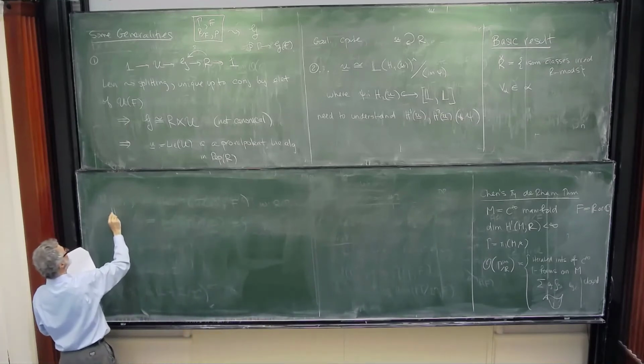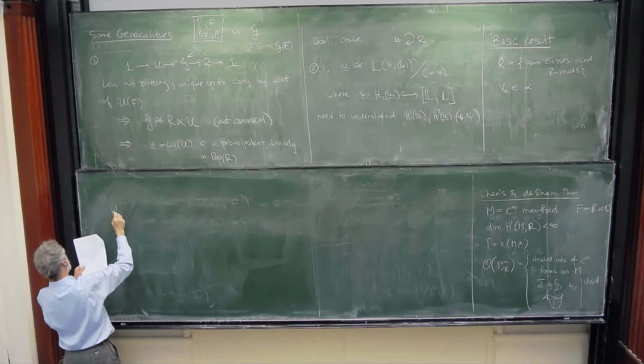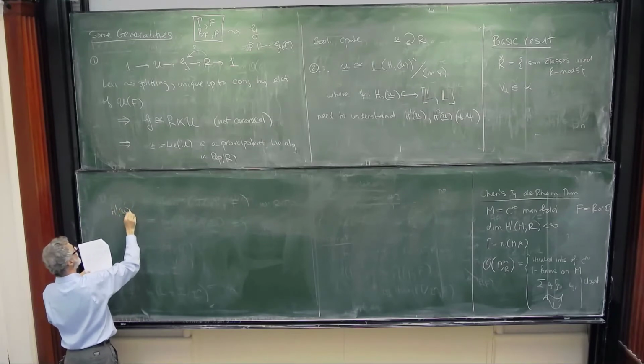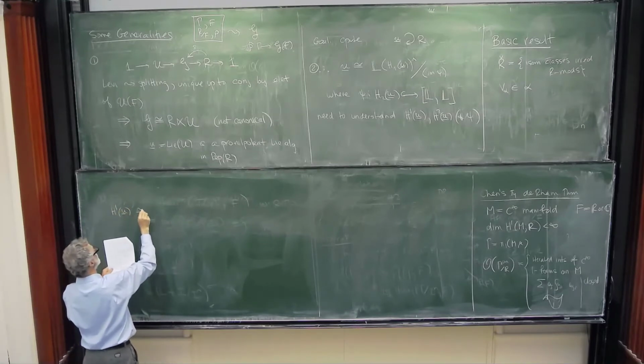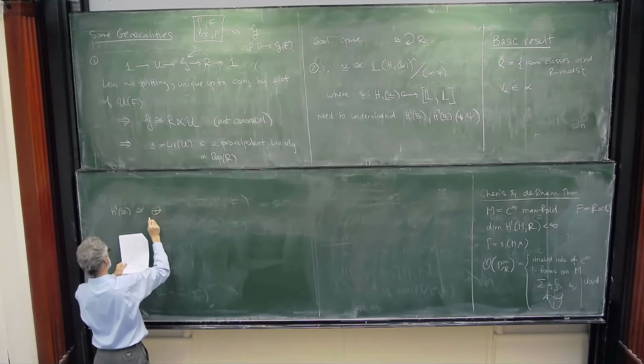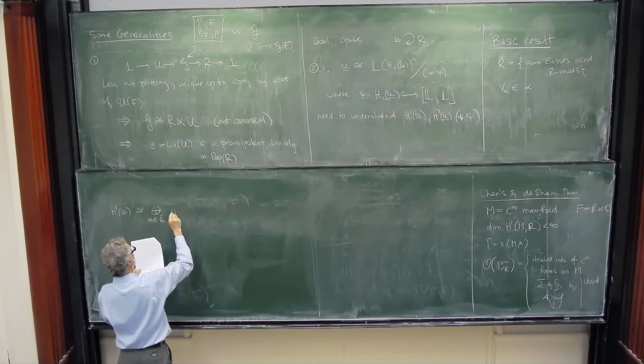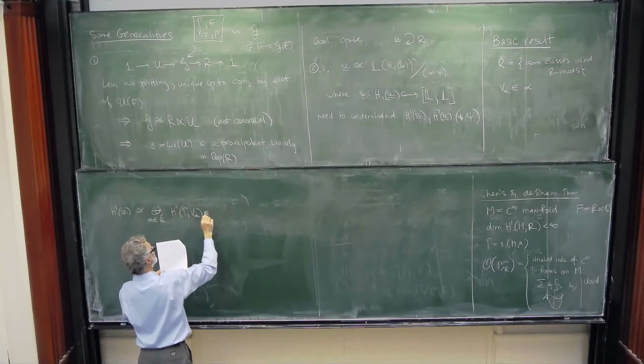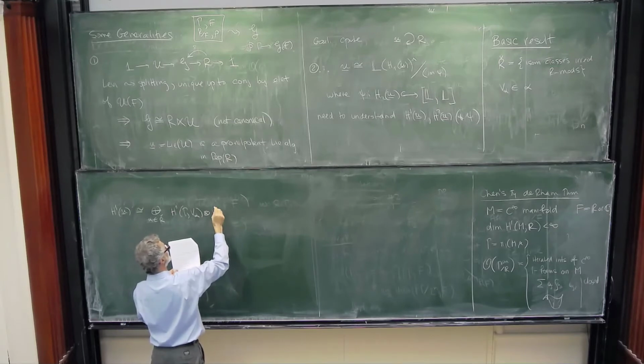It says that H1 of U is isomorphic to the direct sum, this is a canonical isomorphism, over alpha in R check, of H1 of gamma with coefficients in V alpha, tensor V alpha dual.